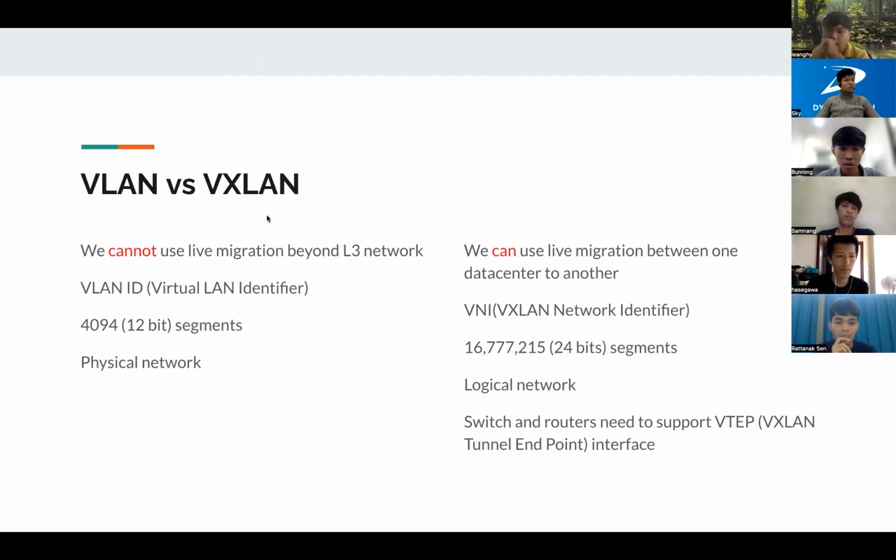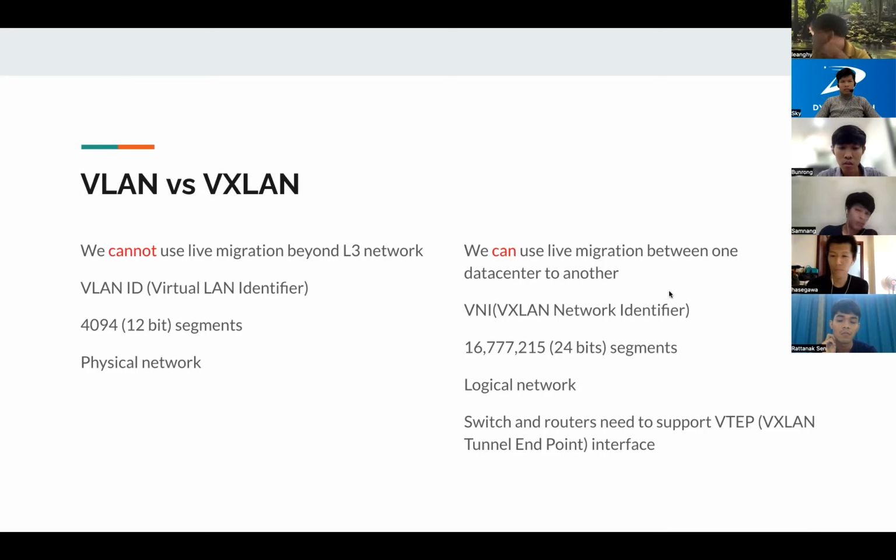As a summary, the difference between VLAN and VXLAN. In VLAN, we cannot use live migration beyond an L3 network, but using VXLAN, we can use live migration from one data center to another, for example.